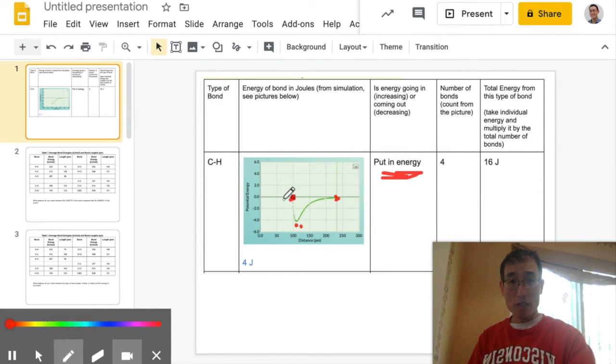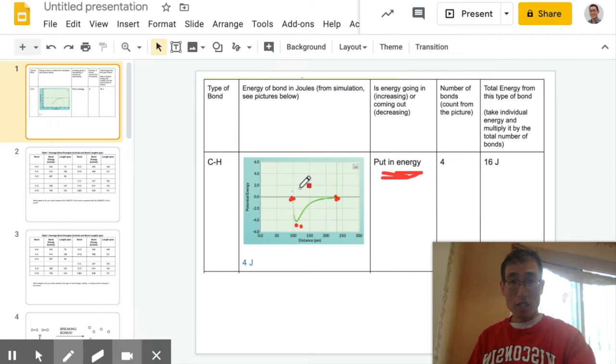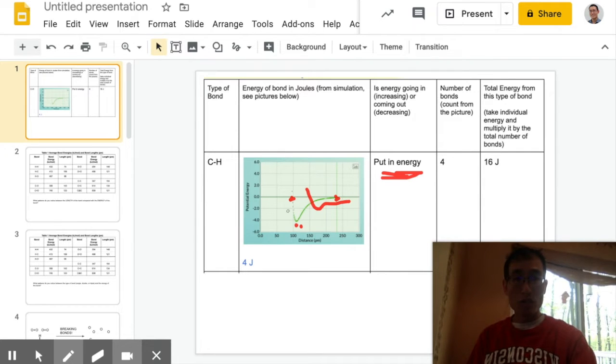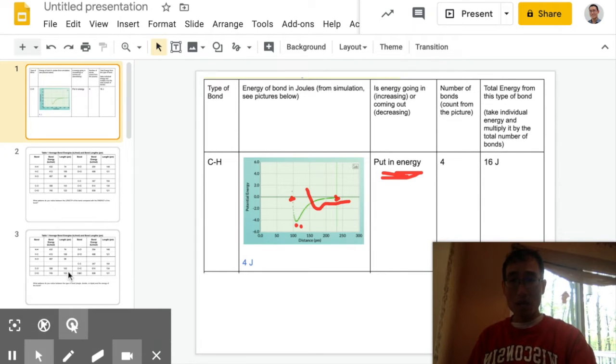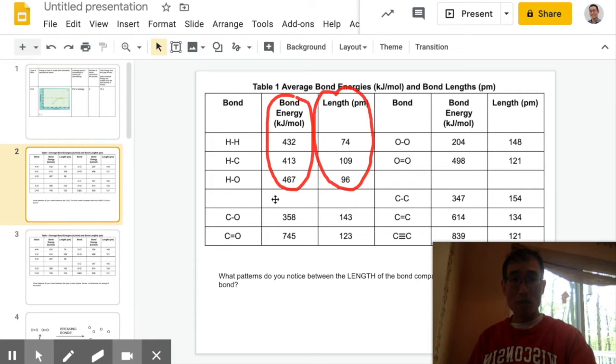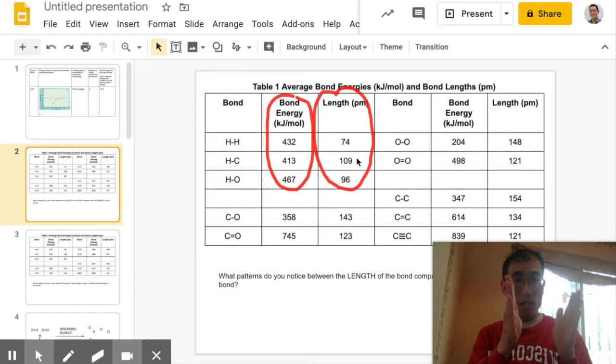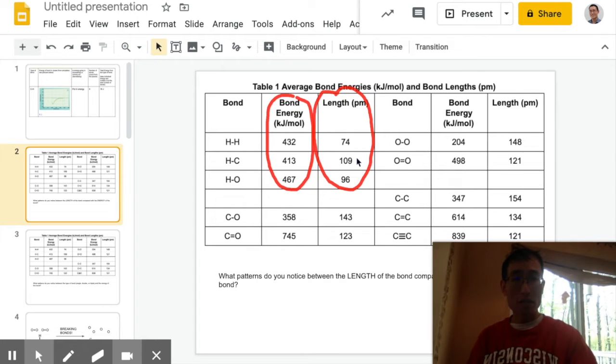It's here for C-H, but for something like O-O, it was out here. So that bond length is farther out. The bond length for C-H is closer in. So the first question is, how do the bond energy and the length of the bond relate to each other? Look at those two things and write out some patterns that you see.